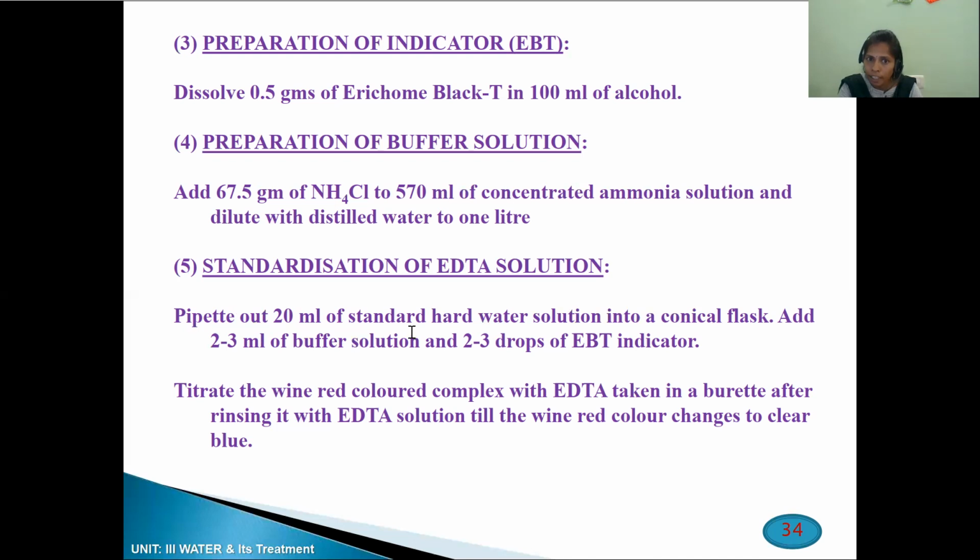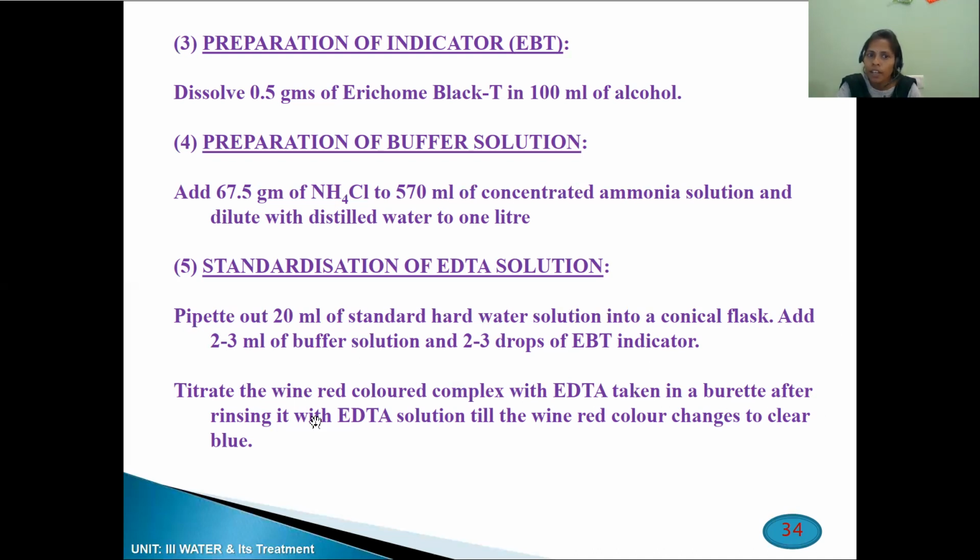Initially, we pipette 20 ml of standard hard water into the conical flask and add 2 to 3 ml of buffer solution and 2 to 3 drops of EBT indicator. So we will get a wine red color solution in the conical flask. Titrate this wine red colored complex with EDTA taken in the burette, after rinsing it with EDTA solution, till the wine red color changes to clear blue.